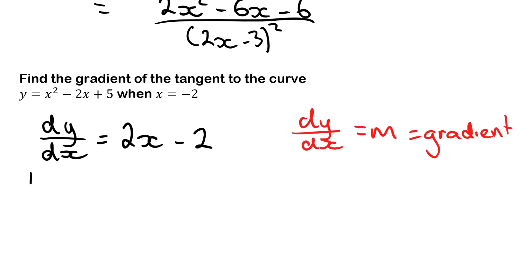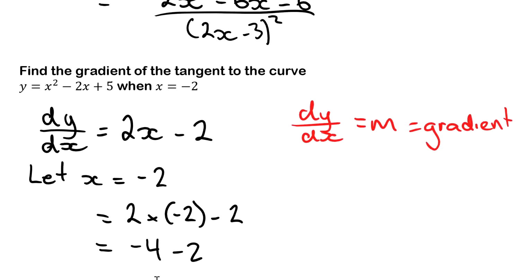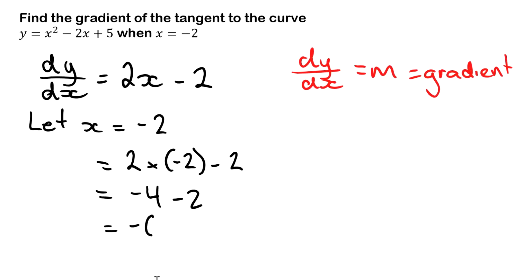So now that we got that, we can say, well, let's let x equal negative 2. So 2 times negative 2, take away 2. Negative 4, take away 2, equals negative 6.